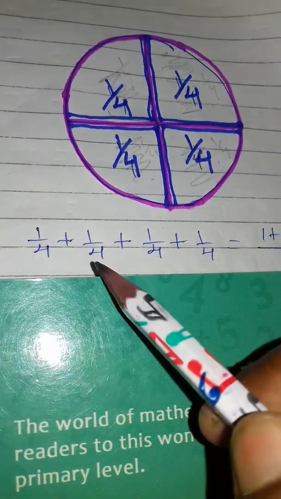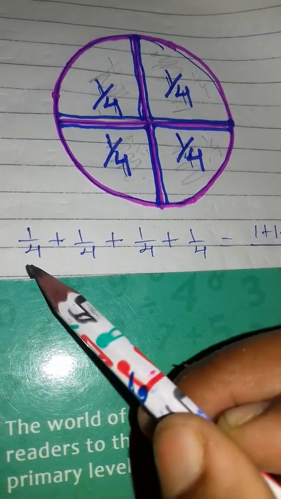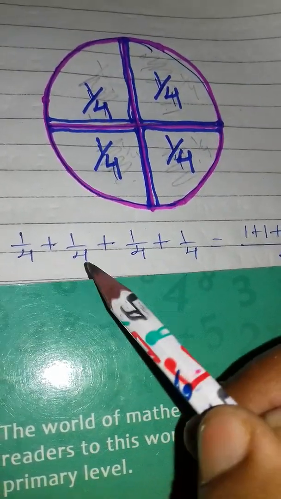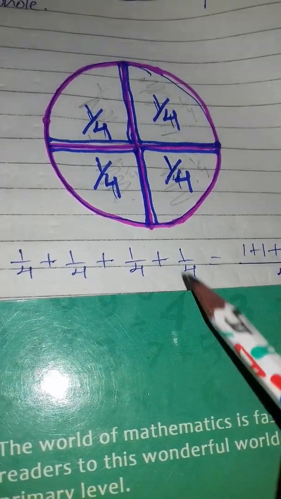The 4 at the bottom shows the whole, so we take it as common, and each part out of 4 is given. We add all these parts together to make one whole.